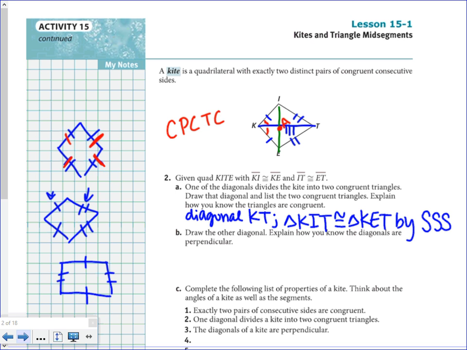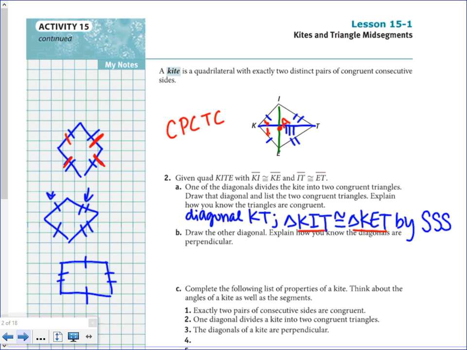My triangles KIT and KET are congruent, and these two angles are corresponding angles in those triangles. And so that means that they have to be congruent. Corresponding parts of congruent triangles are congruent.